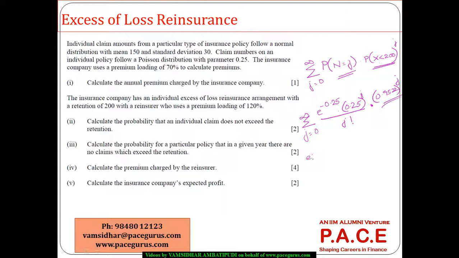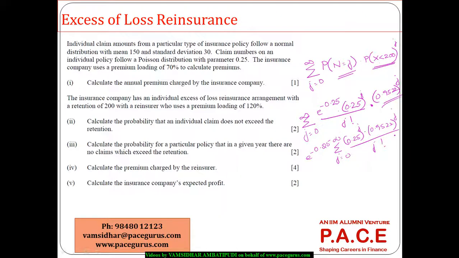Now I could see, if I take out as a simplification e to the power of minus 0.25, this is nothing but 0.25 to the power j, 0.9522 to the power j by j factorial, where j is ranging from 0 to infinite.